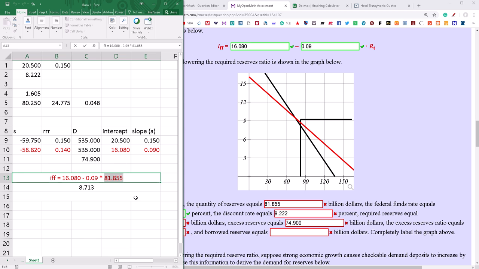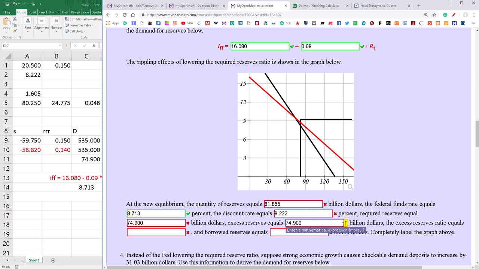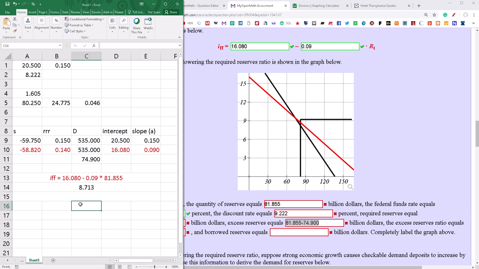Okay, and excess reserves. Since total reserves is 81.855, the original quantity of reserves is 81.855. The new required reserves is 74.90. Excess reserves is that difference of 6.955.